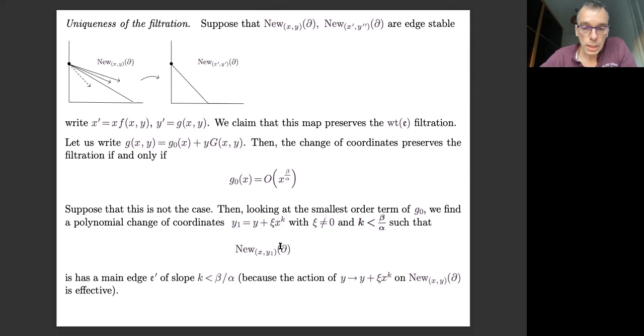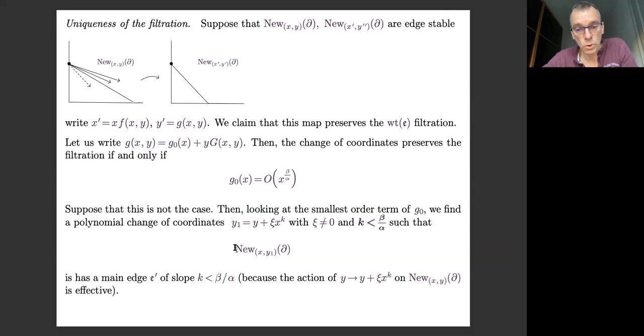And now I consider the Newton polygon in the coordinates x and y1, right? So in some sense, I can consider this change of coordinates from xy to xy1 as an intermediate step between xy and x prime y prime.